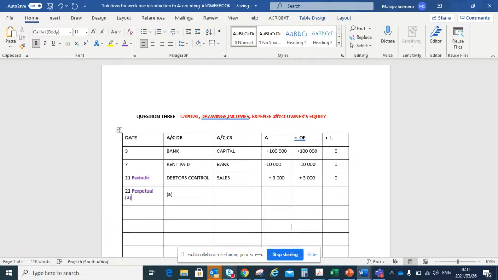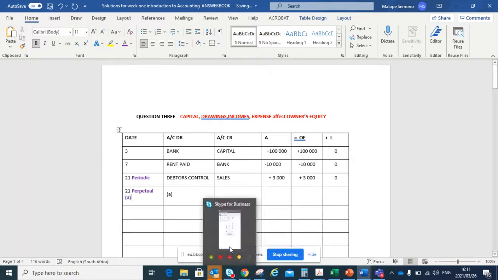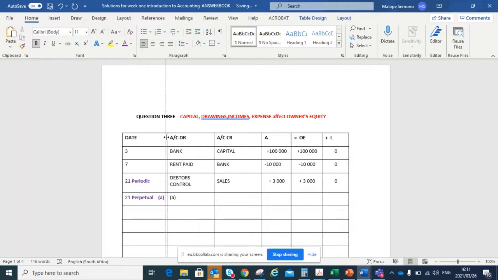In the A part, the first one, I'm going to have the same thing that I had on top there. I'm going to have debtors control, because it doesn't change the first part. And I'm also going to have sales. It doesn't change the same way.